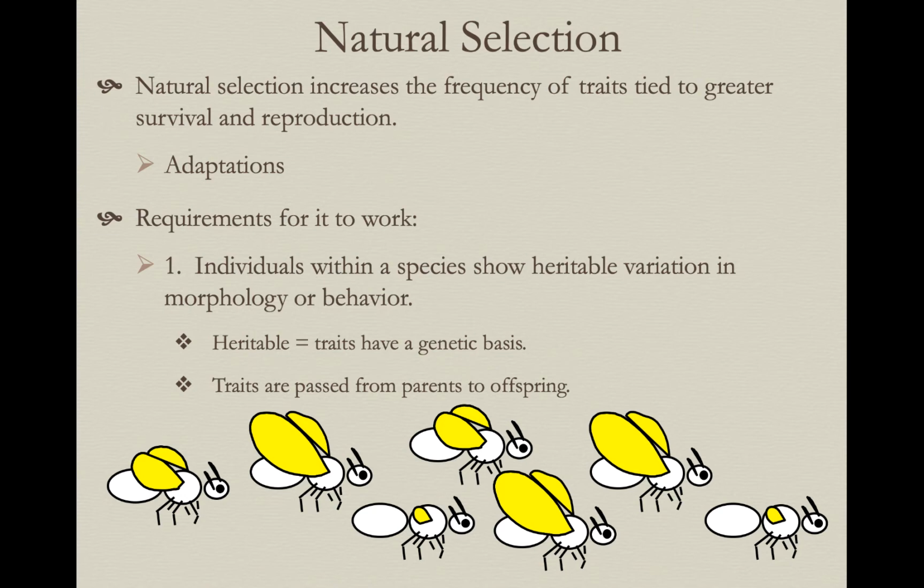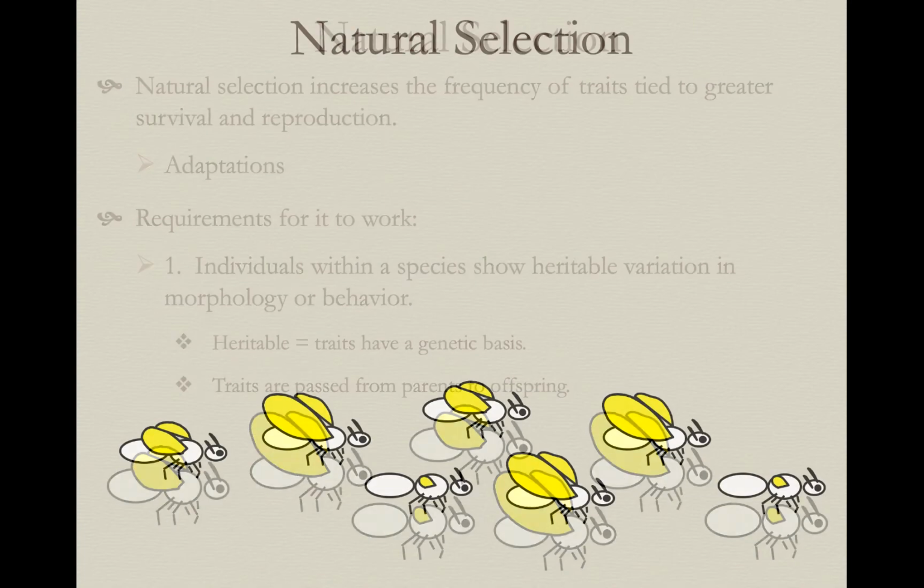Individuals with the small wings, at those same loci, gene loci, they have alleles that direct for the production of small wings. And then there are combinations of those that may give intermediate wing shapes. But individuals do vary, and they vary because of the genes that they have.